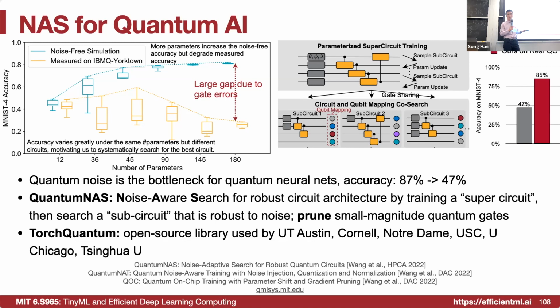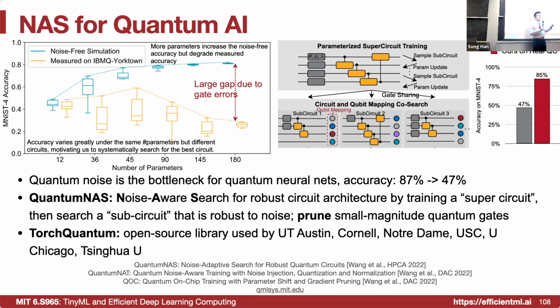If you have more gates, you are likely to have more noise. So how do we selectively choose which gates are necessary and which are not? We train this super circuit that contains different configurations of gates. And at search time, we select different sub-circuits and find the best trade-off to find the subnetwork that gives the best accuracy.